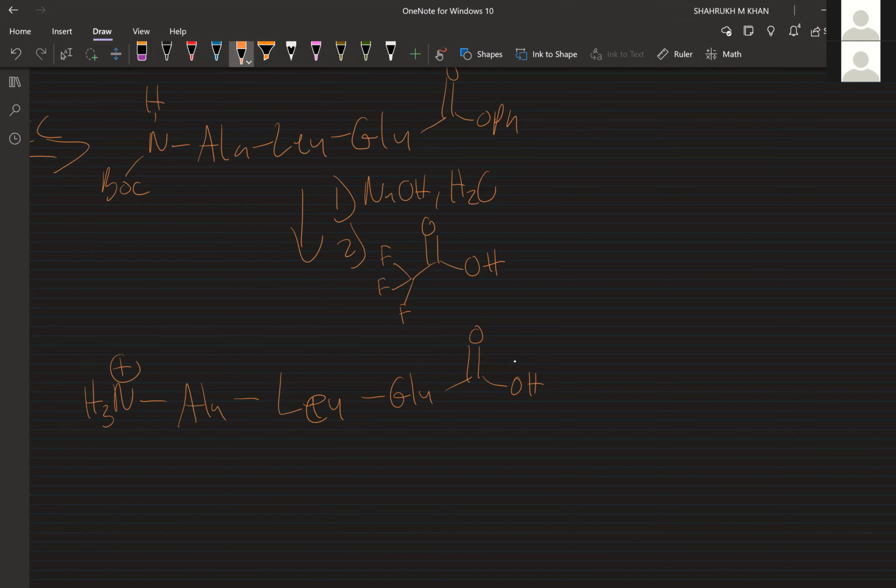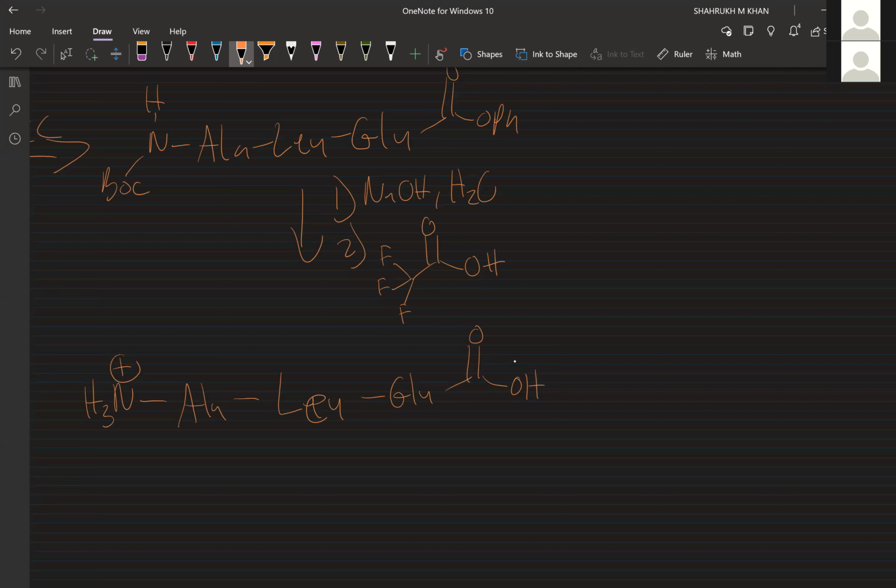Now there's a reason I left this as OH and not that, because if the second step is trifluoroacetic acid, right? So the first step was the base to get rid of this to make this carboxylic acid. And if the second step is trifluoroacetic acid, if there's enough present here, it's going to also protonate this, right? So I don't know if you would lose points if you left it like this, but just thinking about it logically, if the last thing you treated it with was acid, then technically only the N terminus should be protonated, right?